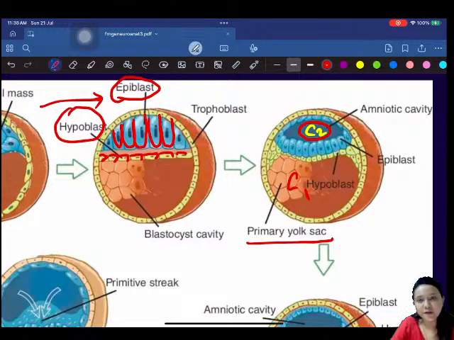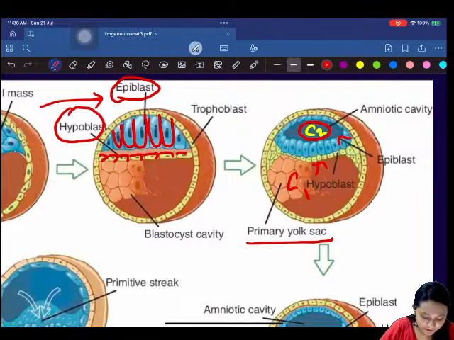Now we have 2 cavities, and this is the epiblast and this is the hypoblast.